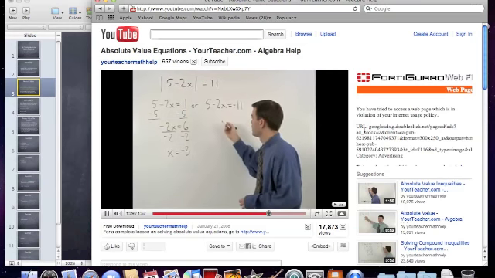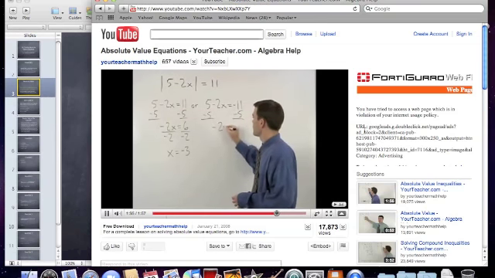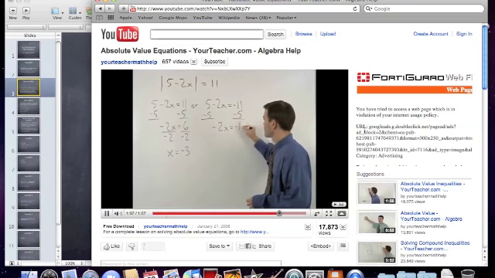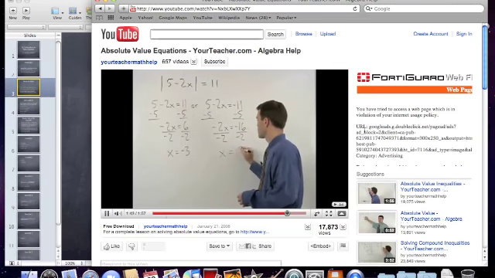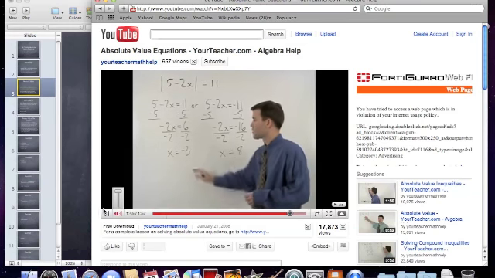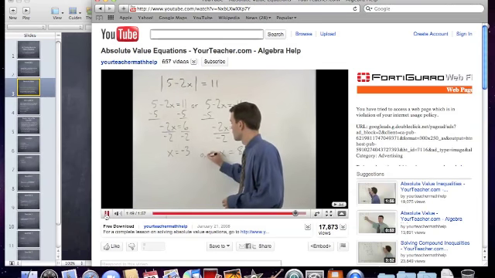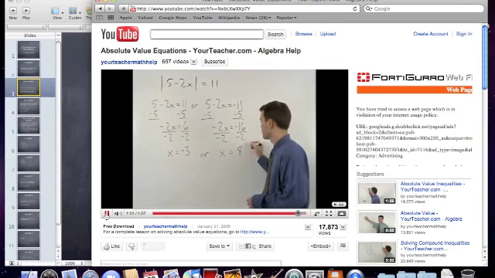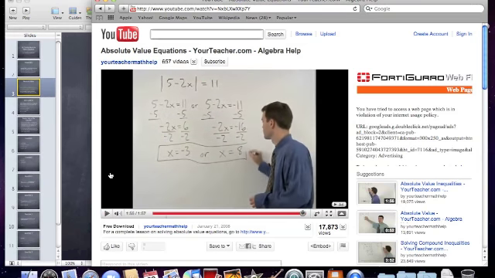On the right, we also subtract 5 from both sides to get negative 2x equals negative 16. Divide both sides by negative 2, and x equals 8. So we have x equals negative 3 or x equals 8, and that's our answer.